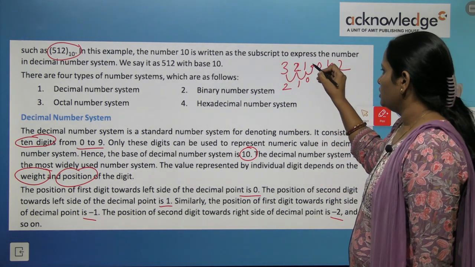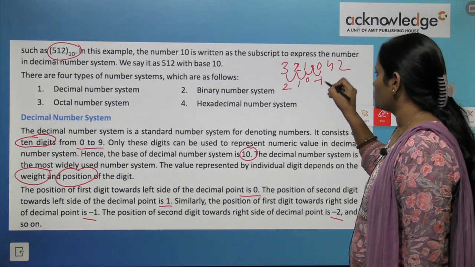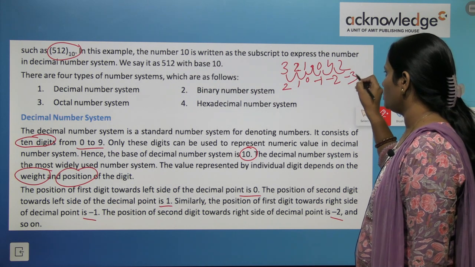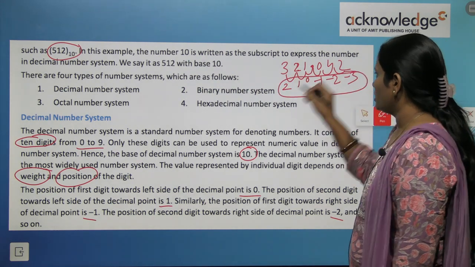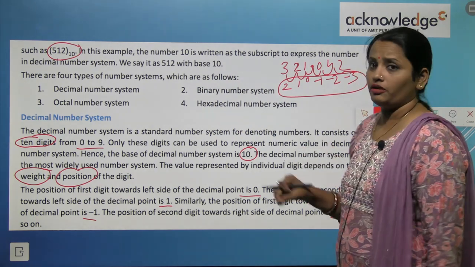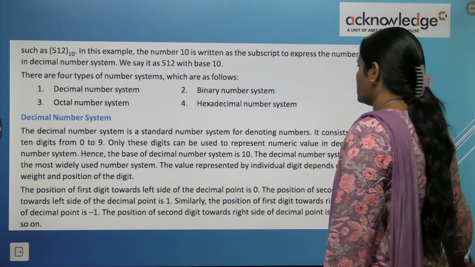And again, the first number to the right is termed -1, the second number -2 and the third number -3. In this way we form the decimal number system. We give positions to the numbers in the decimal number system.